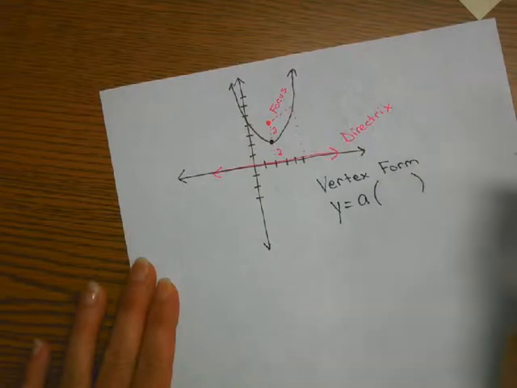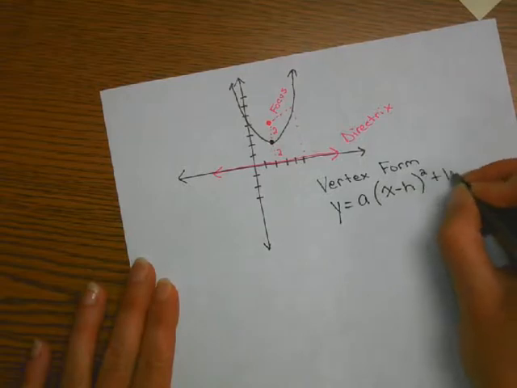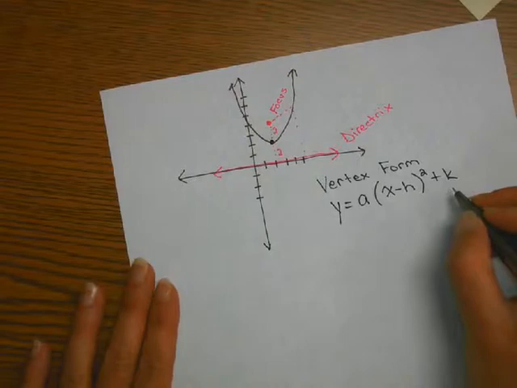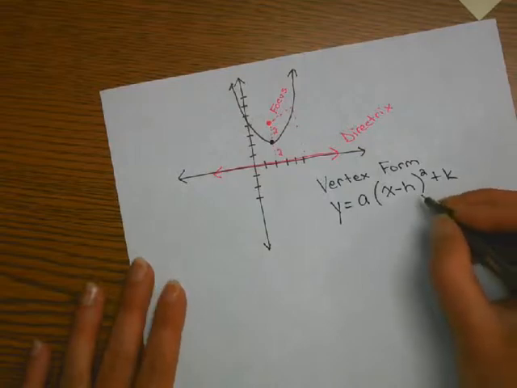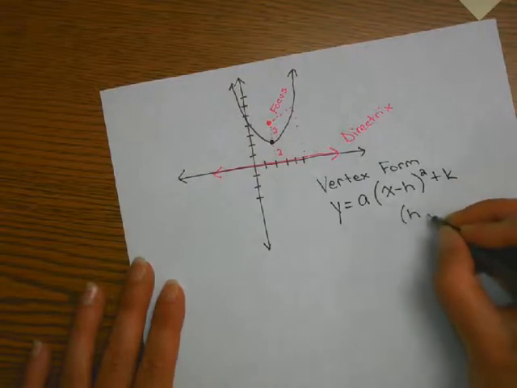And then the parentheses would be x minus h squared plus k. Now that h and k have to do with our horizontal translation and our vertical translation. In other words, it's going to be directly connected to the vertex. If I moved right h movements, my vertex would be at h, and if I went up k movements, my vertex would be at h comma k.